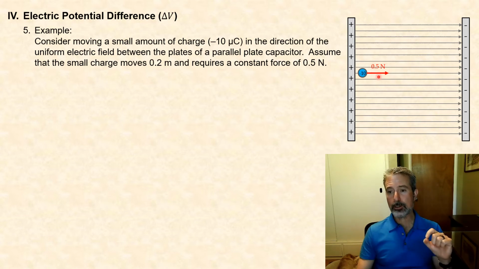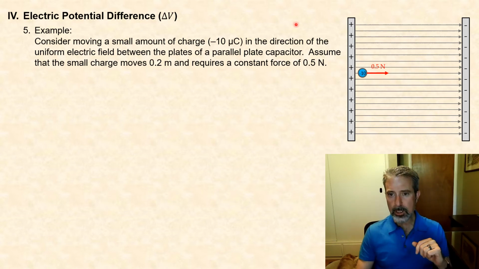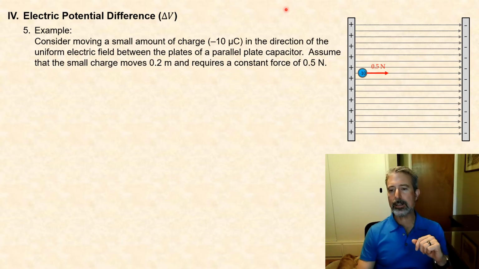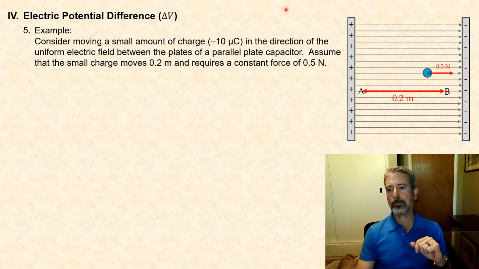And we're told here that the force that we apply is 0.5 newtons. We're going to move it from this point A to this point B, and we're told that this is a distance of 0.2 meters.